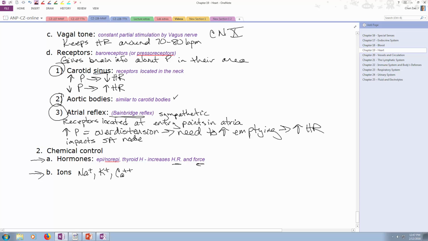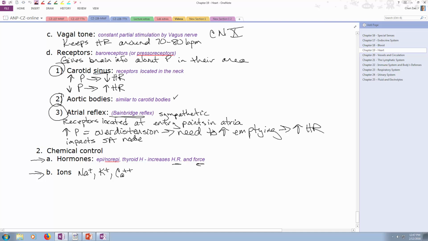We have to have the proper balance of these ions in order for things to function at the cellular level. And so whenever they check your electrolytes or do a blood test, guess which ones they're always checking? Sodium, potassium, and if it's cardiac and some other things, they'll always be checking your calcium too, because those levels are very important for normal cardiac function.